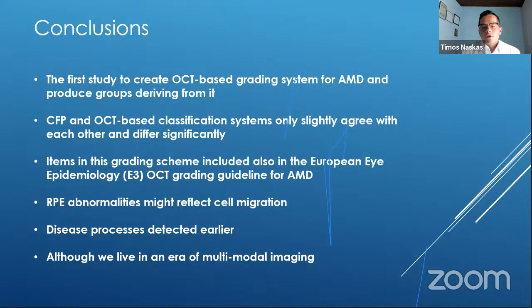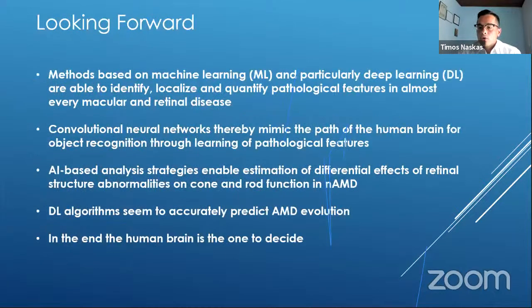And in terms of looking forward, there are several AI techniques to localize and quantify pathological features in almost every macular and retinal disease, not only AMD. These techniques mimic the way that the human brain works in order to recognize objects, and through learning of more and more pathological features that we found, they are also very adaptable.